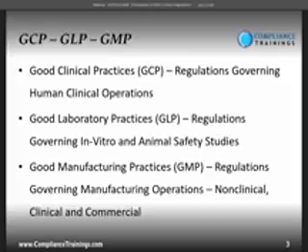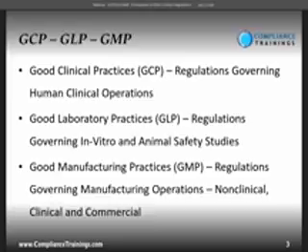Good laboratory practice regulations. These are the regulations governing in vitro and animal safety studies. And the good manufacturing practice regulations. Those regulations governing manufacturing, not for non-clinical. Non-clinical being non-human studies, such as animal studies. Clinical, which is human study, and hopefully when you get to commercialize the product for commercial use.